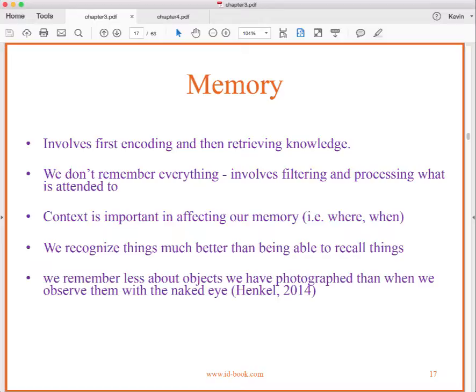We remember less about objects we have photographed than objects we have observed with the naked eye. And I know this is true. I was accused for years of going on vacation and seeing the whole thing through a camera.